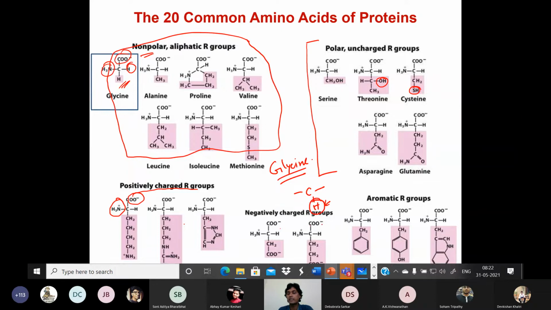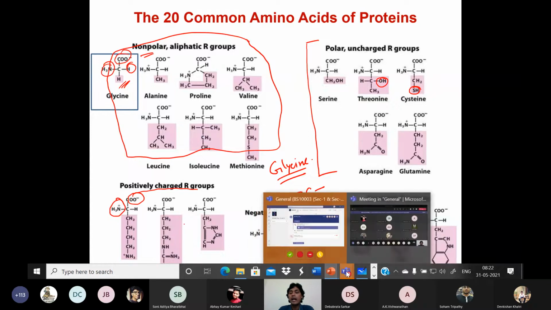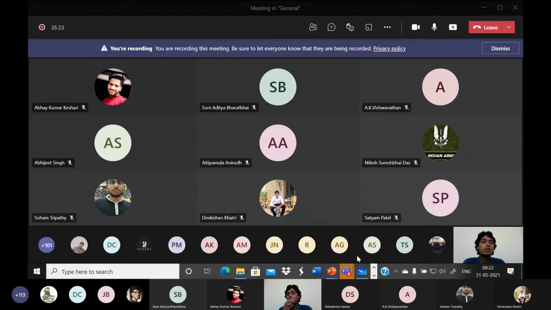Now if you increase the complexity of the side chain, you get many amino acids. But we roughly categorize the side chain or R group into two broad categories: one is hydrophilic, polar, and the other is hydrophobic or non-polar.